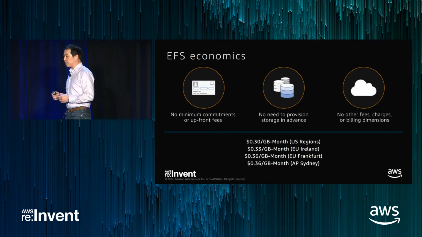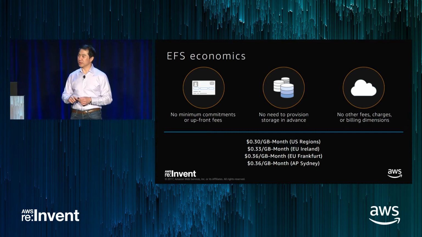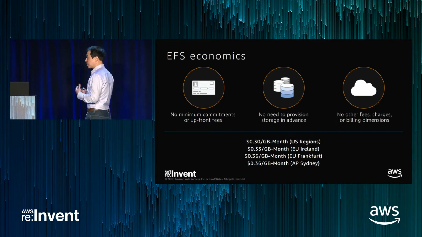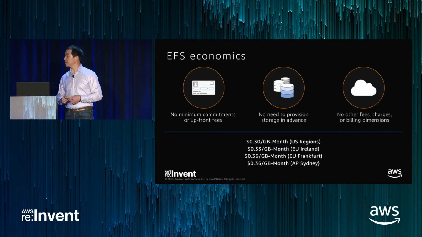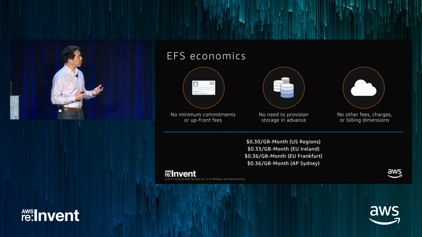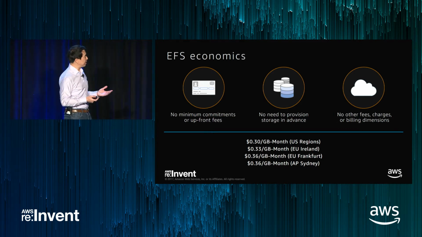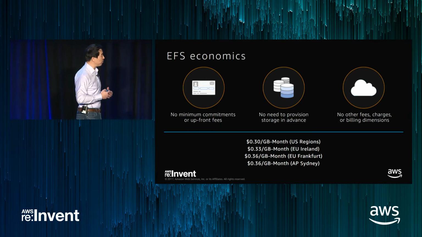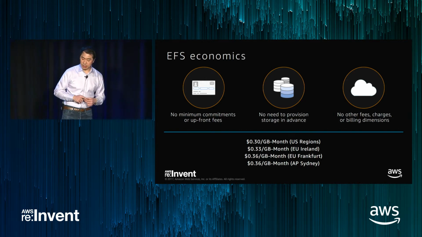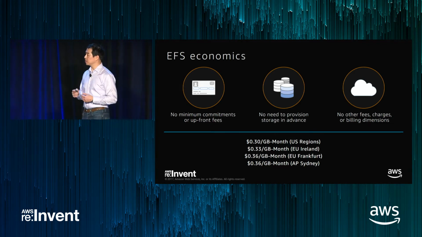So I mentioned before, when you think about do-it-yourself, there's a lot of parts. And so when you look at the economics, the third kind of decision criteria for storage, these are some of the things that we think you should consider. Does it have any minimum commitments and any upfront fees? Do you need to provision storage in advance? And are there other elements to billing?